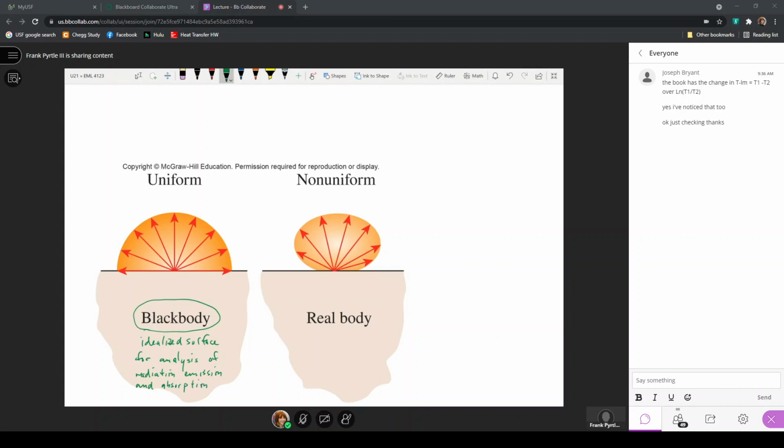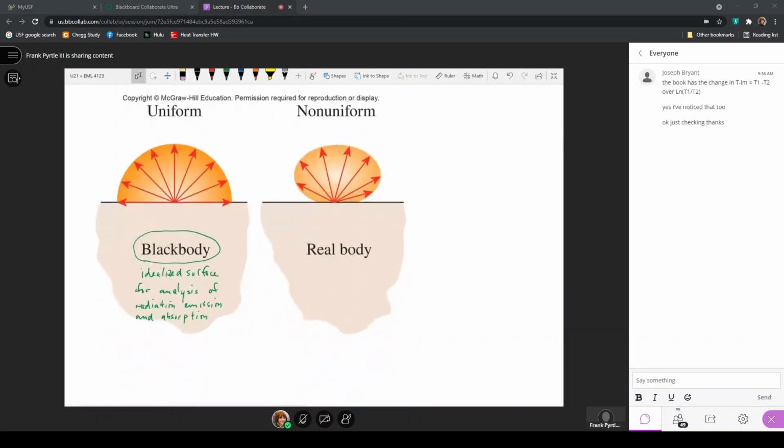And it is used to compare to what we call real surfaces. So when we talk about a black body surface, it is one for which no other surface can emit more energy.